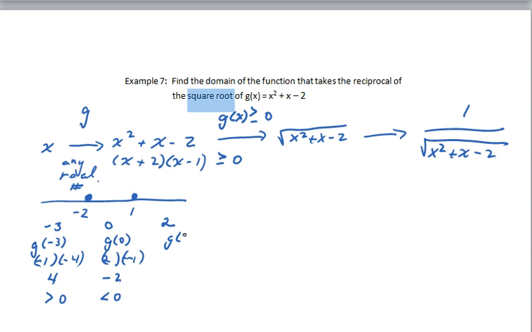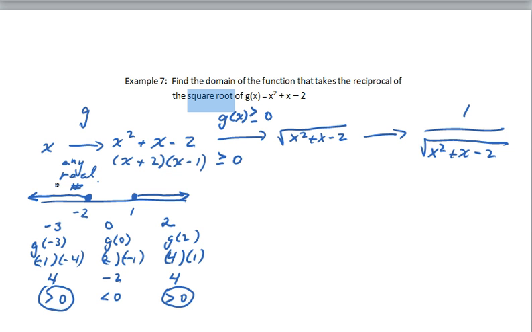And g of 2 would be 4 times 1, which is 4, which is greater than 0. So we want to know where the function is greater than or equal to 0. So it is going to be in the outer intervals, but not the inner.